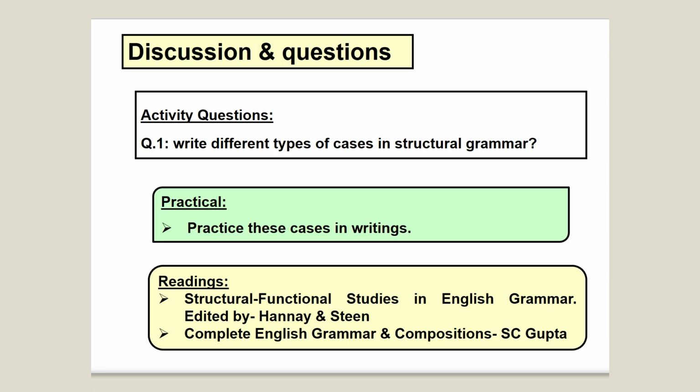If you learn the things here, then definitely you will understand the utilization of these cases in different sentences. Whenever you go through literature and books, you will get these cases and easily understand what type of case it is, either objective, subjective, or possessive.